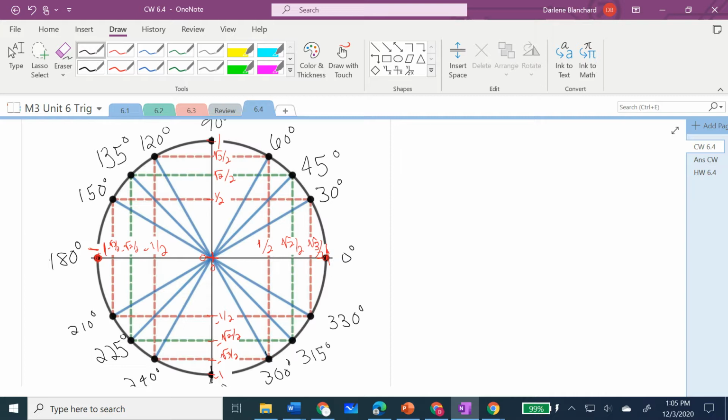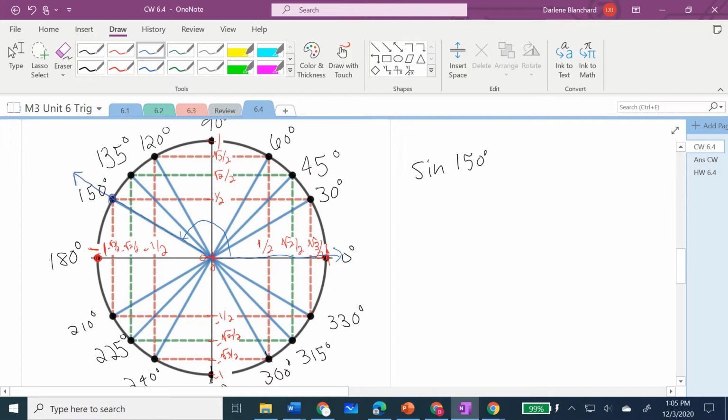Okay, so here we go. If I asked you, what is the sine of 150 degrees? You would need to find where 150 degrees has a terminal side land. So you've got the initial side of the angle, it turns, and you have the terminal side of the angle.